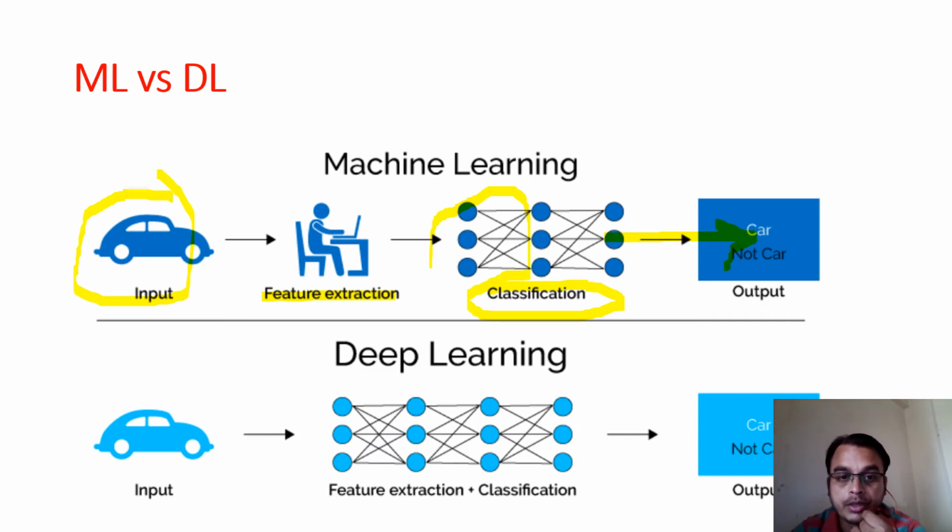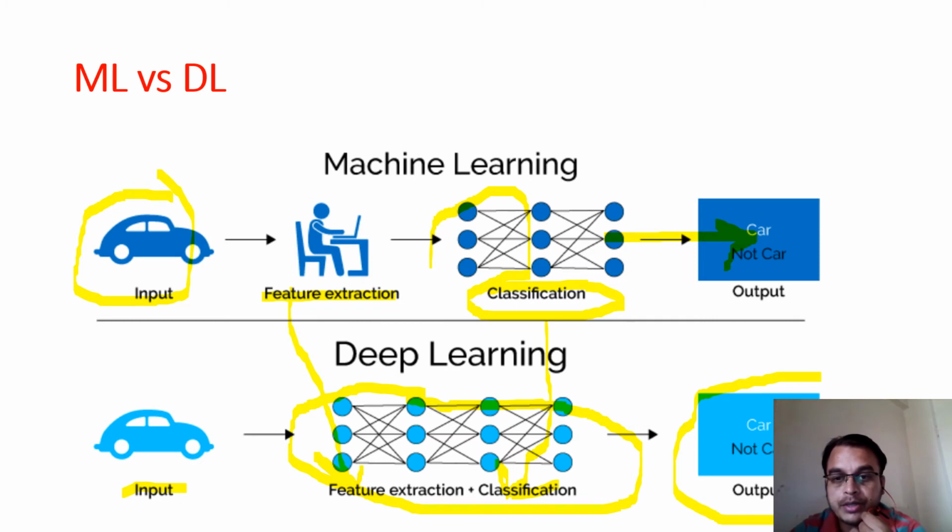But in deep learning, it's pretty easy. I have the input, this is a car, and I just give that input to the system. Now the complete system does its work automatically, meaning the feature extraction and the classification both happen automatically. Finally, the system predicts whether it is a car or not a car. So this is the deep learning mechanism.